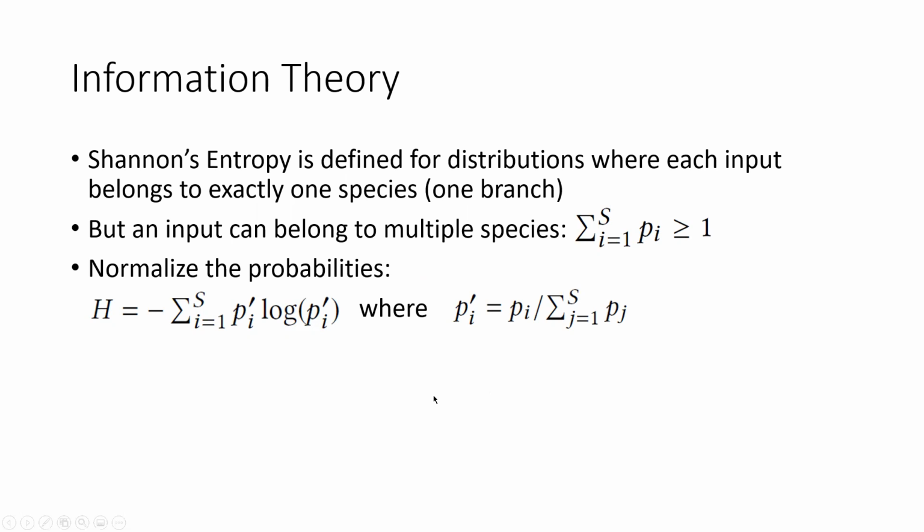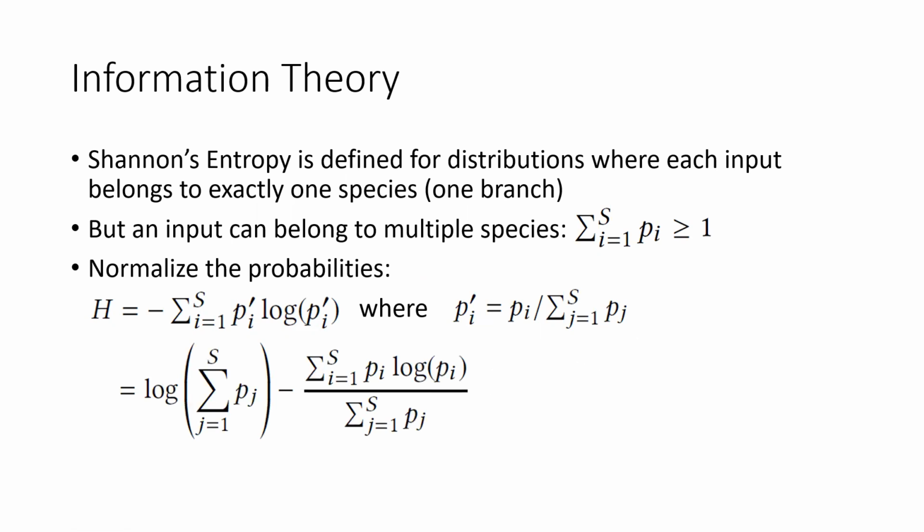So H, instead of p_i, uses p'_i, which normalizes p_i by the sum of all the probabilities, that is, the sum of all the p_j's.